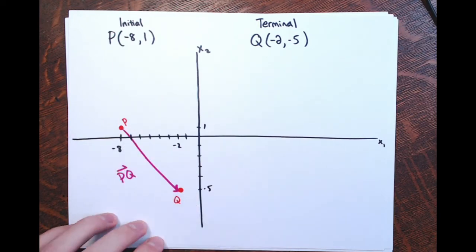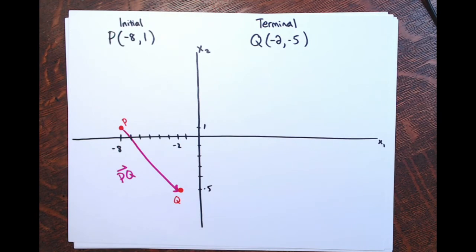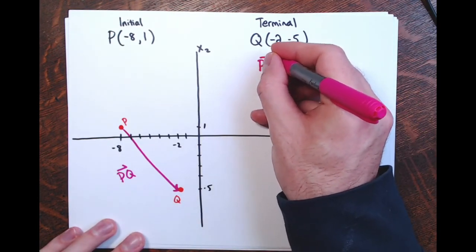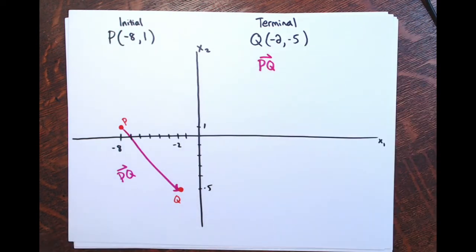Now, when they're asking you for the direction of a vector, that's the angle formed by that vector in standard position and the positive x-axis. So we'll write out what this vector's components are, and then I'm going to put that vector in standard position.